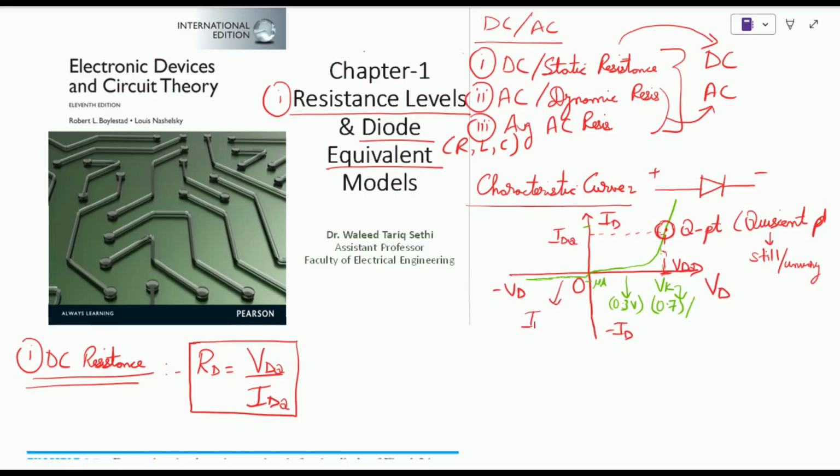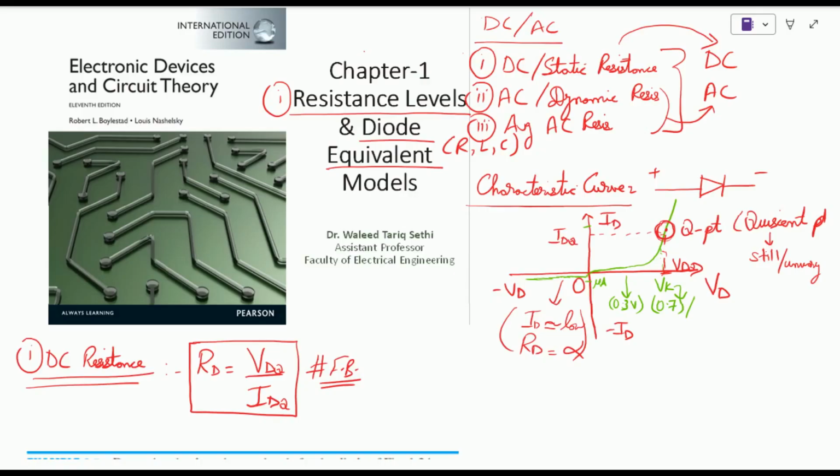So the current is going to be a low value, but the resistance is going to be very high. And in the forward bias condition, we can find the resistance using this mathematical expression with already known voltage and current values, and the current is obviously figured out using the Q point that we have seen.